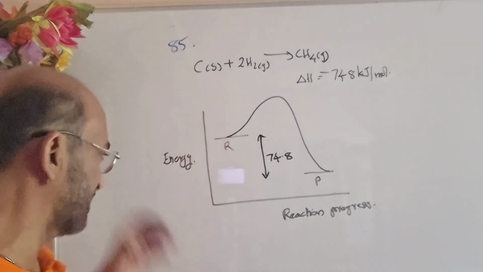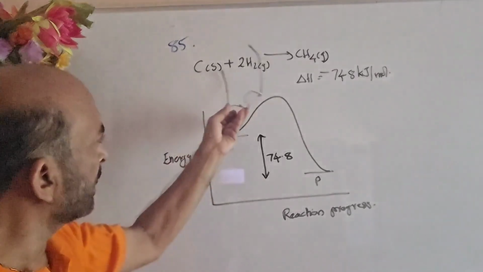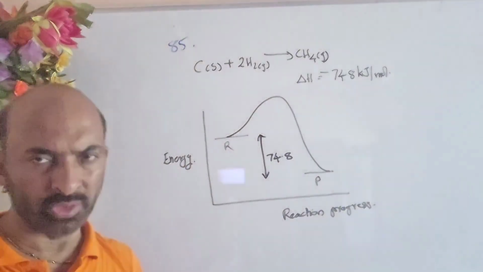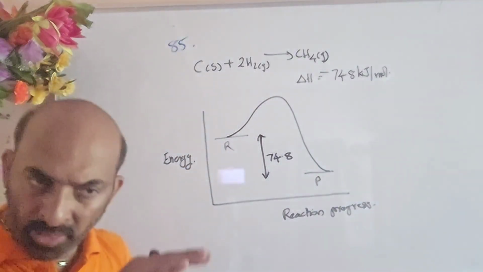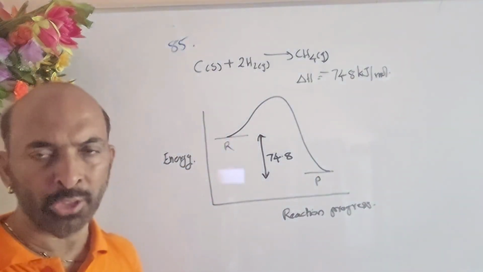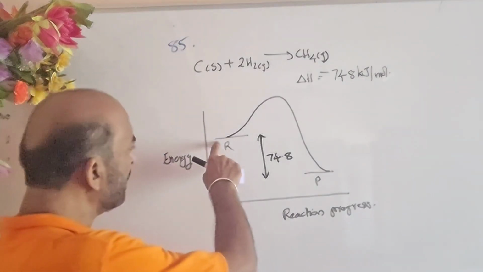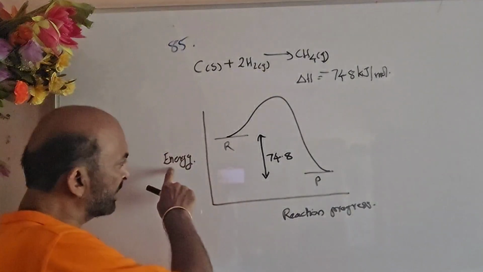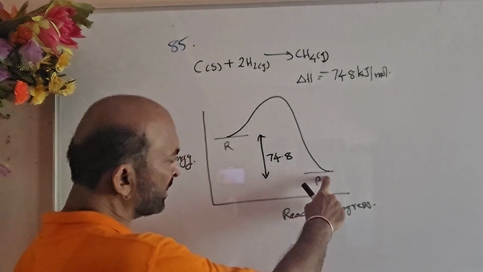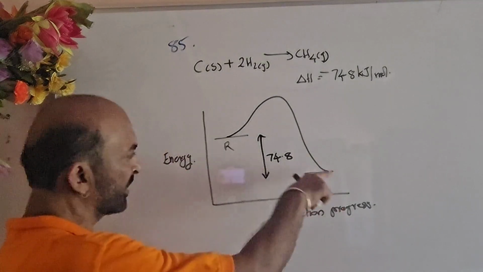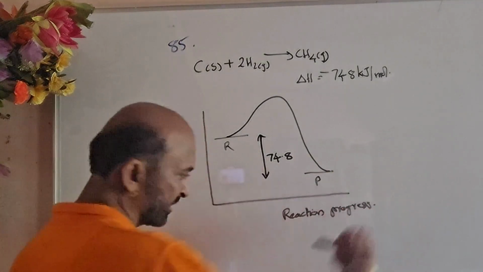See, you have to remember this. Since the reaction is exothermic, there is a decrease in the energy content of the product compared to that of the reactant. So, reactant must be at a higher energy level and product must be at a lower energy level when the reaction progresses.